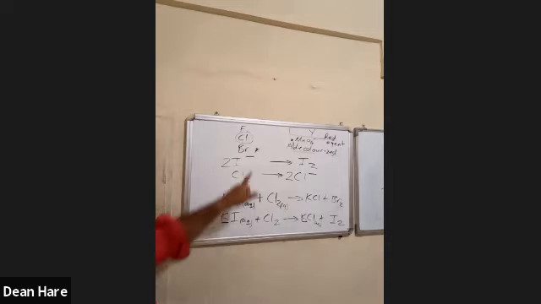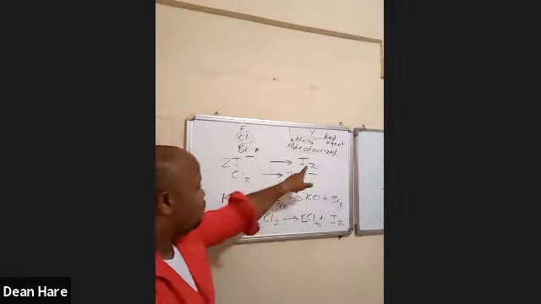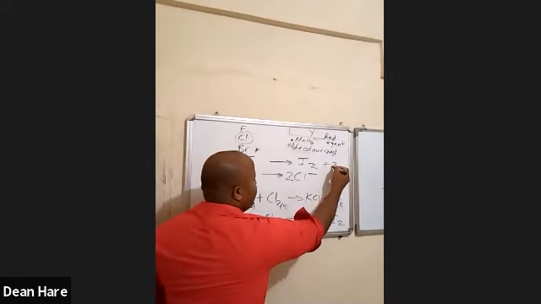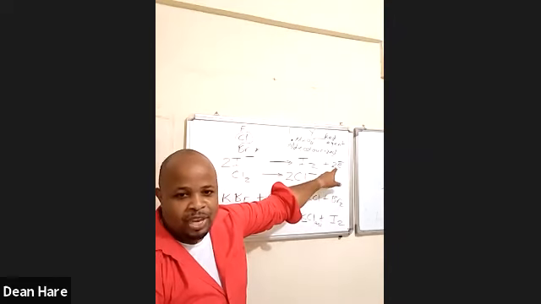Going from I minus to I2, the iodide loses 2 electrons, so you put 2 electrons here.